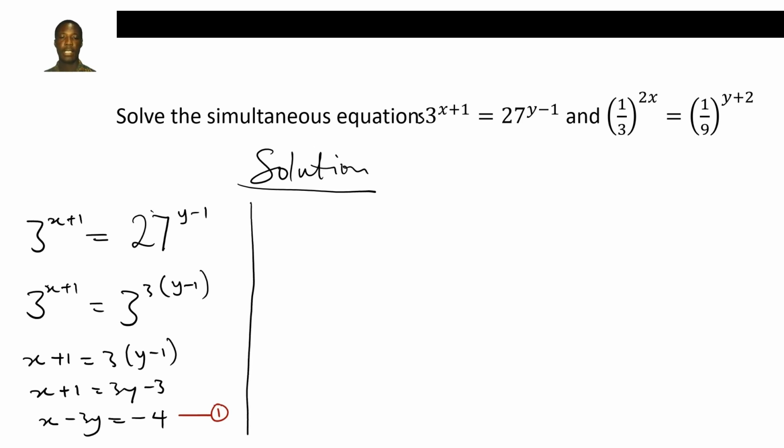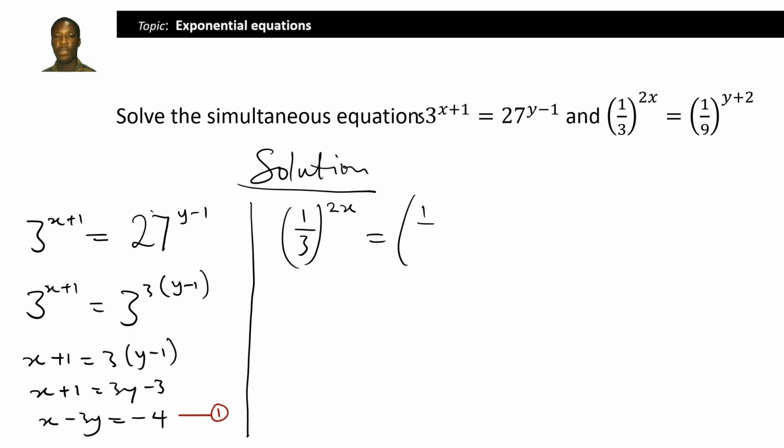Then I take the second equation, 1 out of 3 to the power 2x is equal to 1 out of 9 to the power y plus 2.